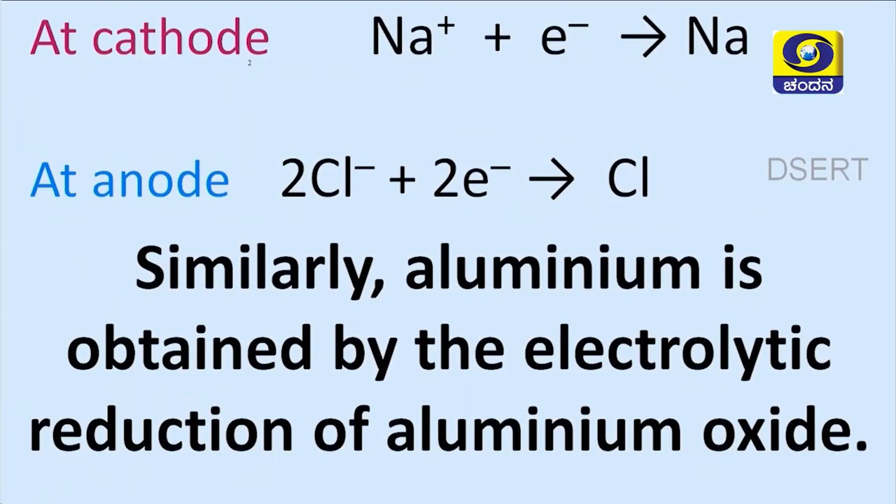At the cathode, sodium ion gains one electron and becomes sodium metal, and at the anode chloride ions lose electrons: 2 Cl minus lose 2 electrons to become chlorine. Similarly, aluminium is also obtained by the electrolytic reduction of aluminium oxide.